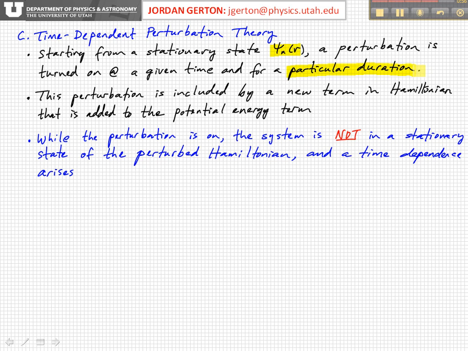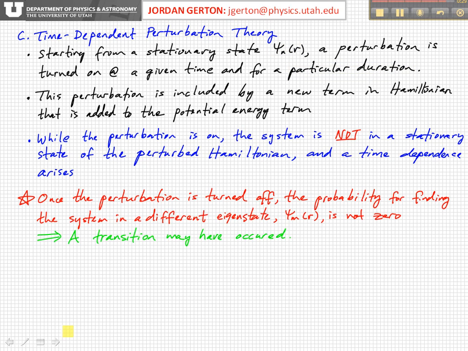That is, it's not in an eigenstate of the new perturbed Hamiltonian. Okay, the new Hamiltonian that includes the perturbation term is a different Hamiltonian. It has a different set of eigenfunctions, eigenstates. And since we started with the system in an eigenstate of the unperturbed Hamiltonian, then clearly when we change the Hamiltonian, at least transiently, the system can no longer be in an eigenstate of the perturbed Hamiltonian.